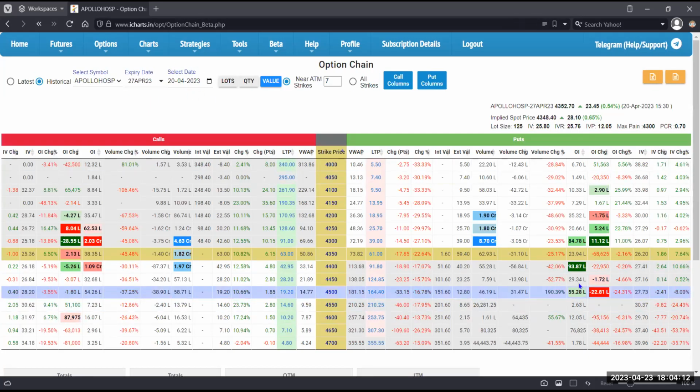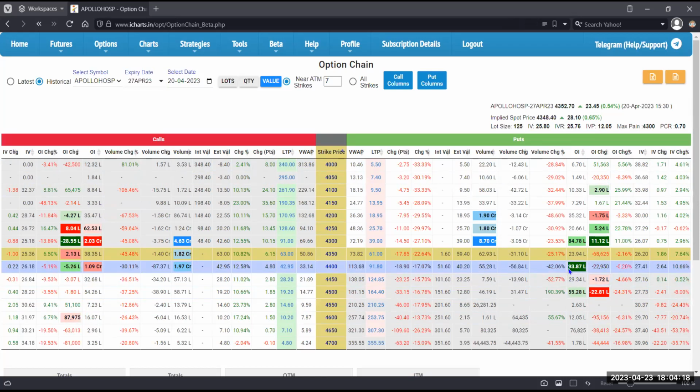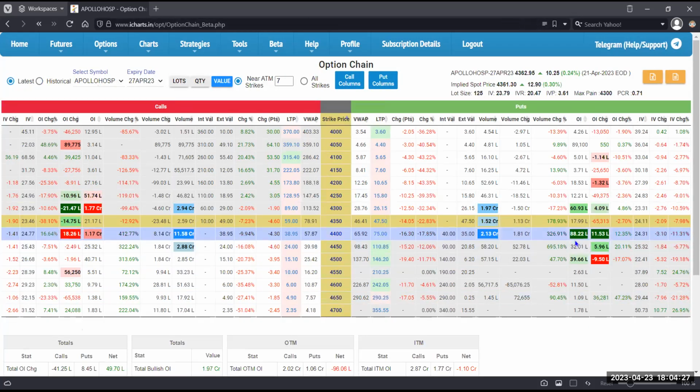Then you need to see where the max OI is. This dark bar will tell you the max OI is 4400. Then come back to latest, which will give you the latest day. Currently it is still here. If the range shifts, you will see that this will go to 4350 or 4340, so you'll know this.